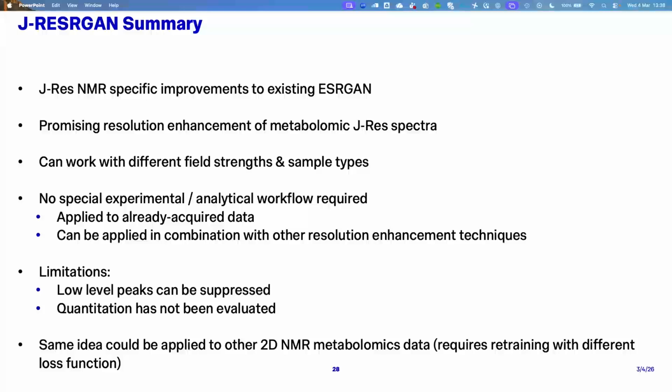So we don't use the entire spectrum, but we use where there are existent data. Because in these JRES spectra, even though they're quite crowded in the middle, there are areas at the edges that are quite empty. And we just add that on with a weight to the original losses for the GAN, which are like the discriminator and generator losses.